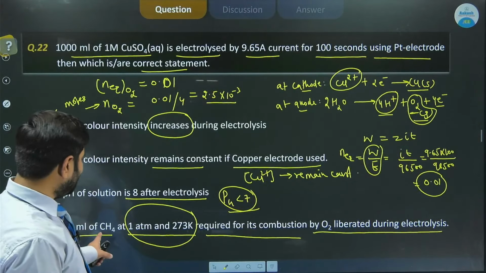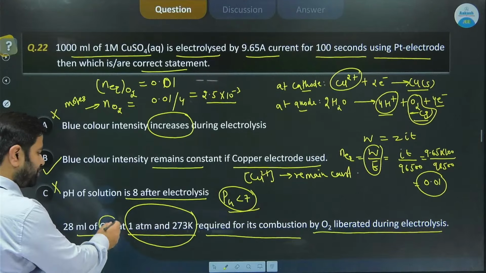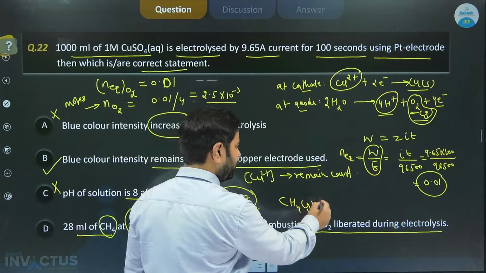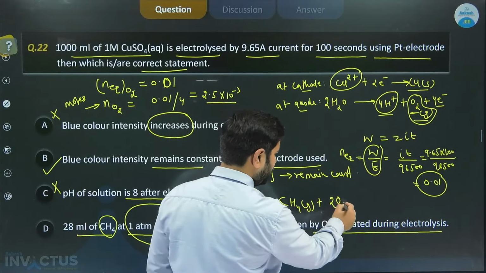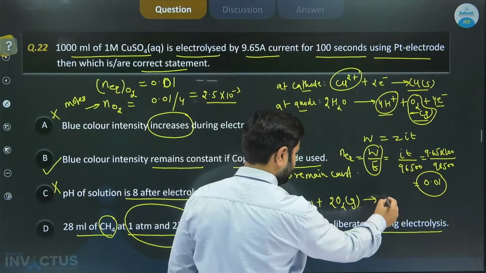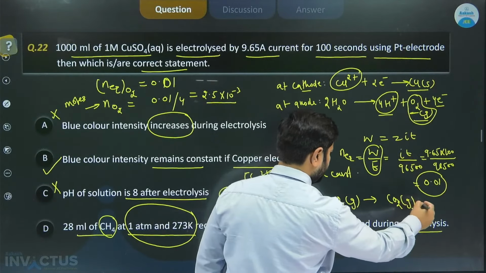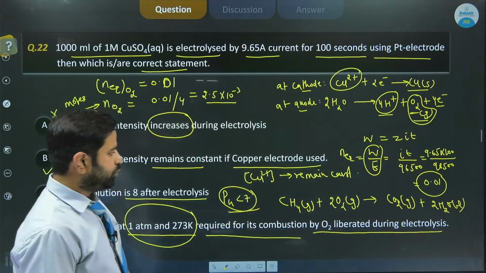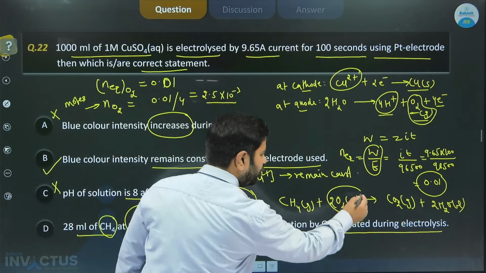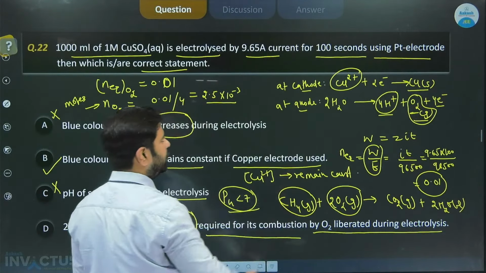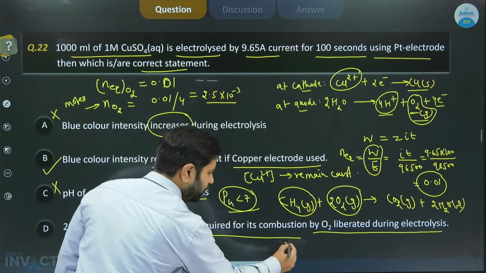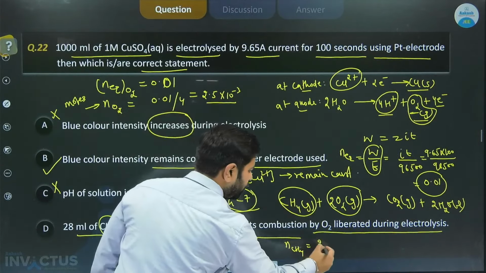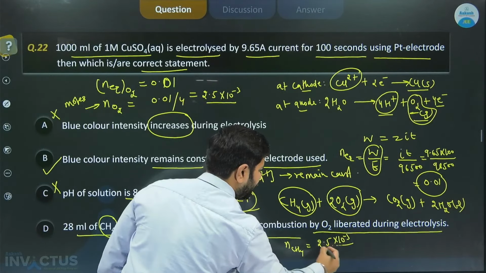Now we should write the combustion reaction of CH4. What would be the reaction of CH4 with oxygen? This is the reaction. So we know the moles of O2, and we can get the moles of CH4. Moles of CH4 would be half of the O2, 2.5 × 10^-3 divided by 2.